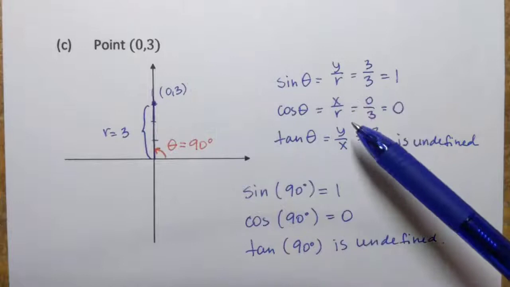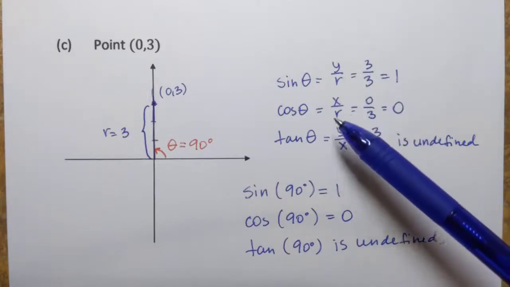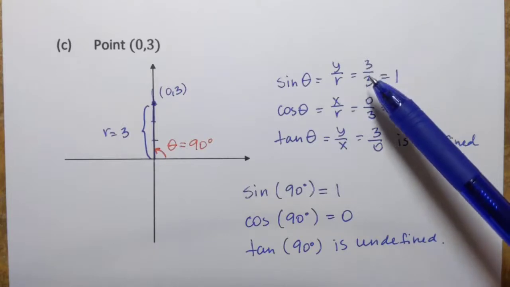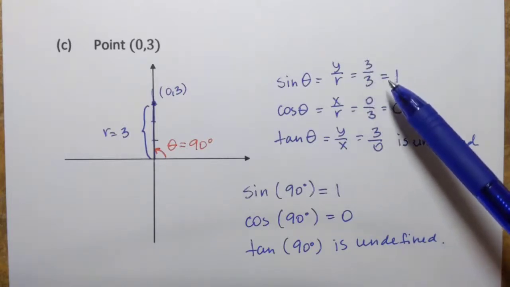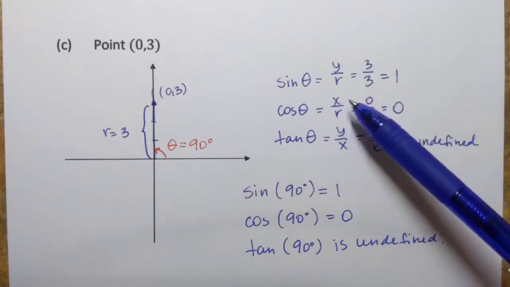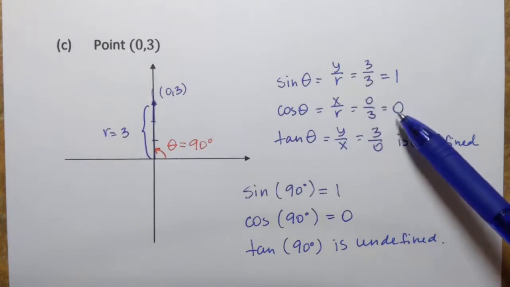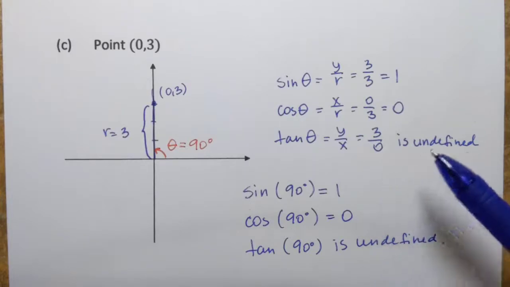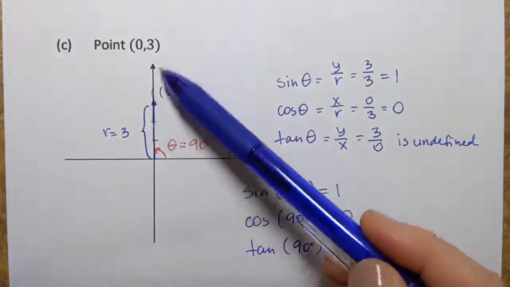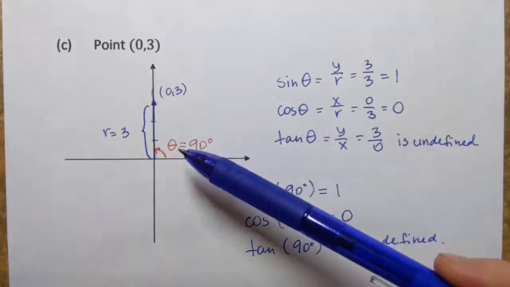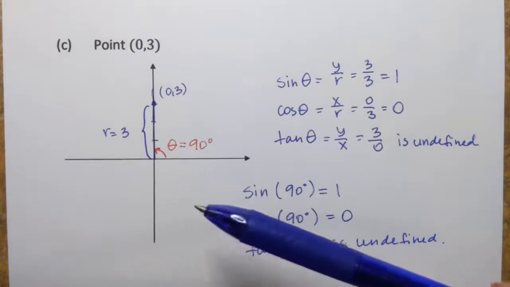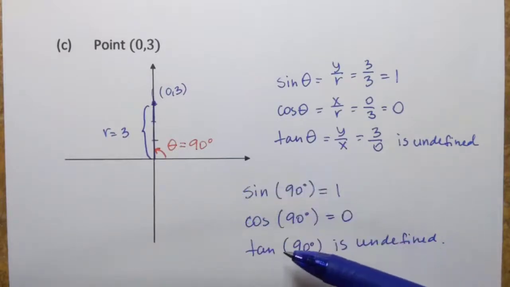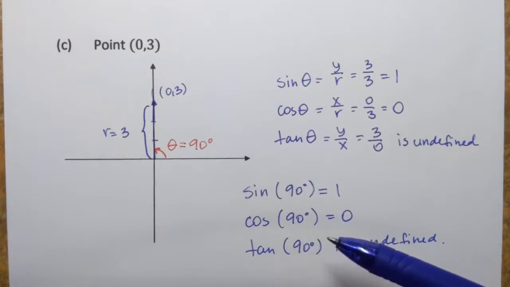But as we put everything into the definitions of those functions, y is 10, radius is 10, we still get 1, x is still 0, 0 over 10 is 0, and y over x, 10 over 0, is still undefined, right? So it doesn't matter how high or low I place that point, I still get the same results. So those function values for a 90-degree angle are always the same.